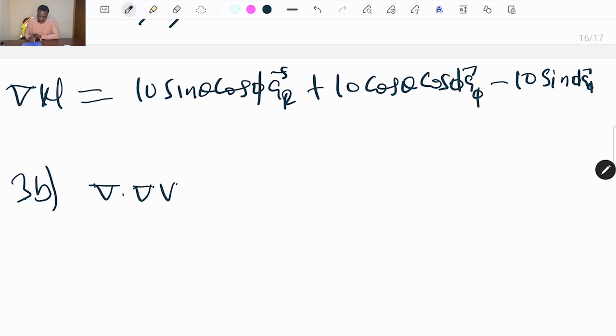So we write it this way. Now we look at the function V. You can see function V here is expressed using the variables of the Cartesian coordinate system. So that means we have to use the right del operators. The formula is going to become the second derivative with respect to the different lengths of the Cartesian coordinate system.